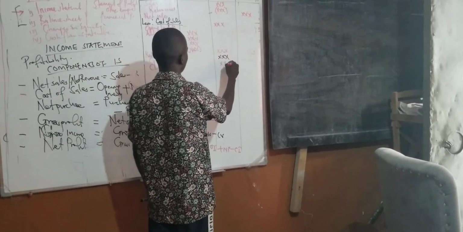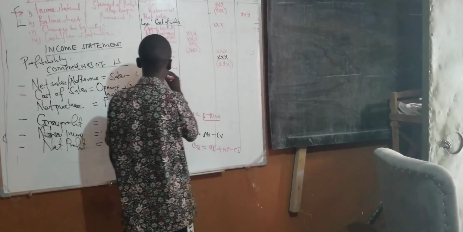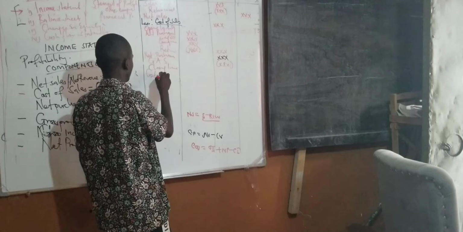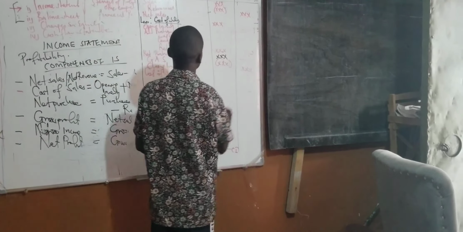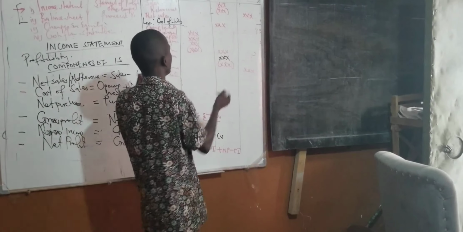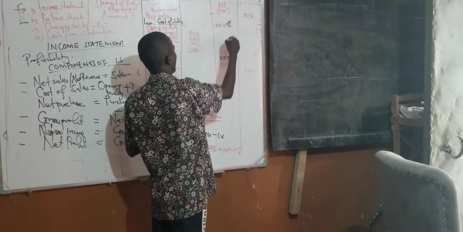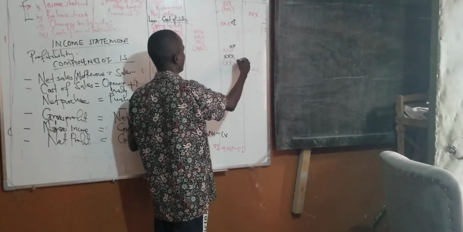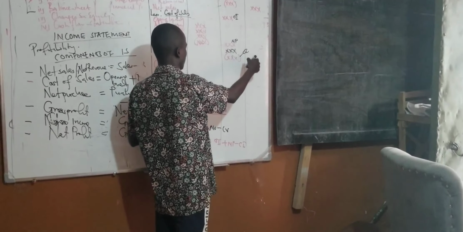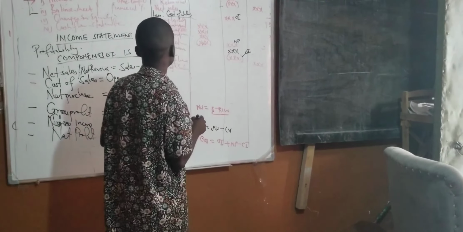The value you get will be the cost of sales. So for cost of sales, I say opening inventory, add net purchases to get the goods available for sale. The value you get, you less closing inventory to get the cost of sales.